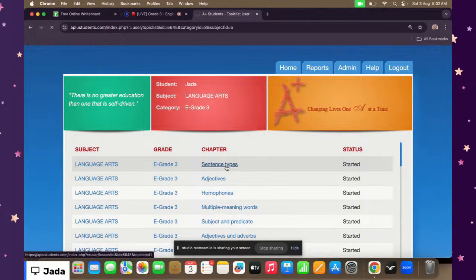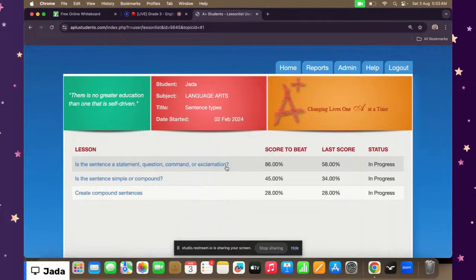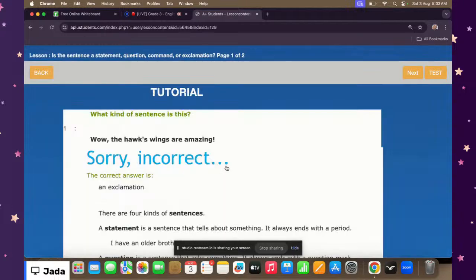So, sentence types. The first lesson here is: is it a sentence, a statement, question, command, or exclamation? What is a sentence? We'll click here and go through the exercise.